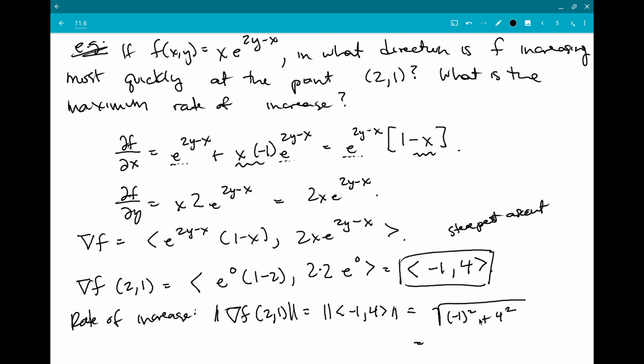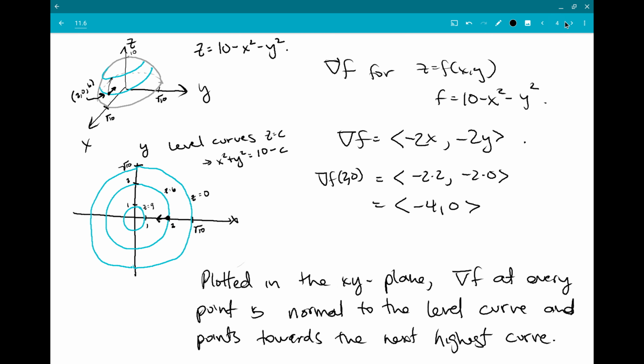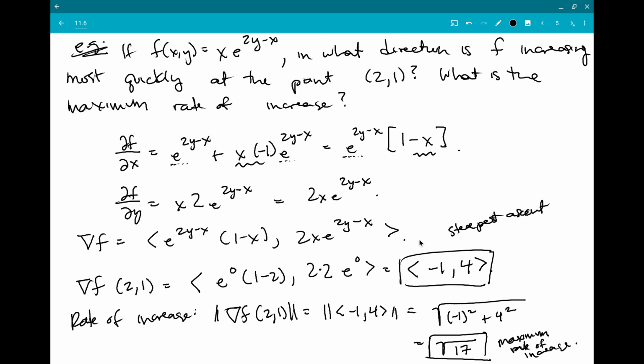That's square root of 1 plus 16, so square root of 17. And so that's going to be the maximum rate of increase. And so this first thing showed us kind of how to think about this property, and this is how we would actually use it to learn stuff about the function f of xy that's given to us.